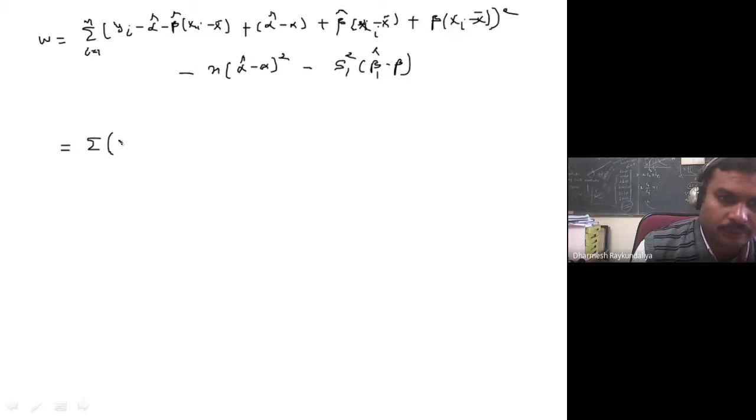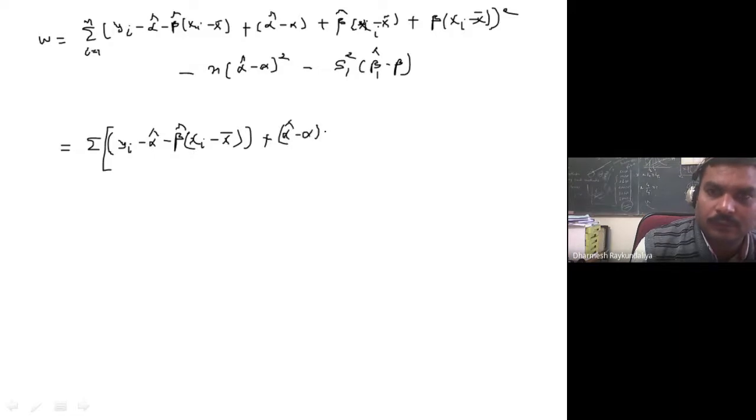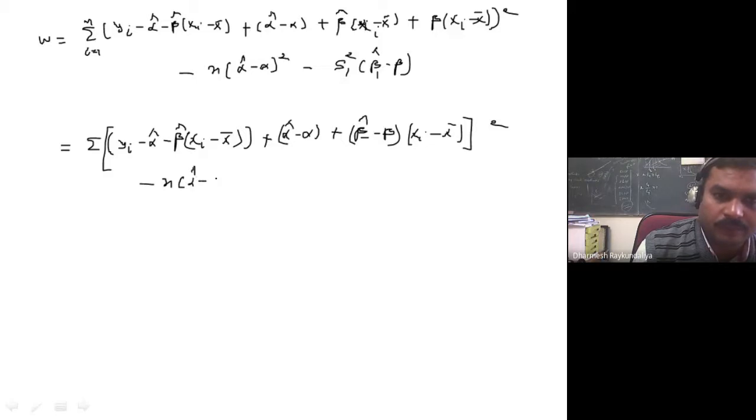This is summation of yi minus alpha cap minus beta cap xi minus x bar, plus this is alpha cap minus alpha, plus beta cap minus beta times xi minus x bar, and their whole square, minus n alpha cap minus alpha whole square, minus s1 square beta cap minus beta whole square.